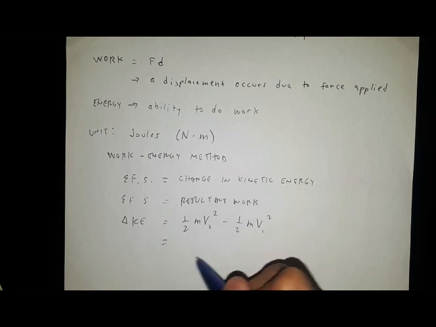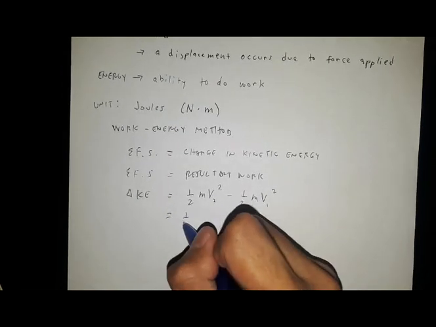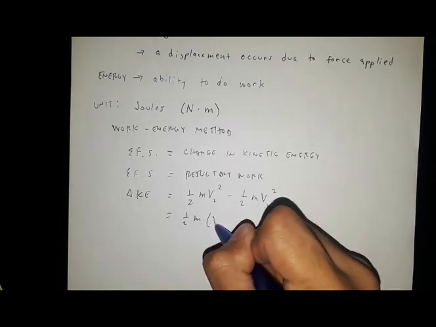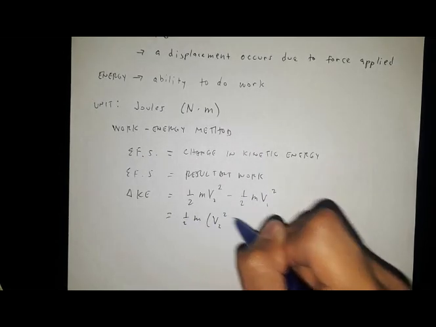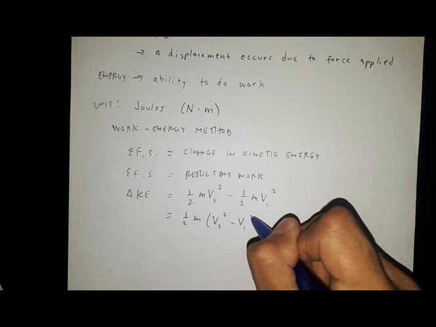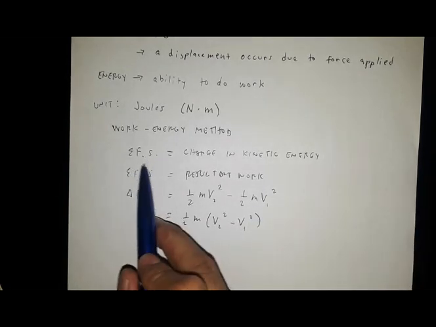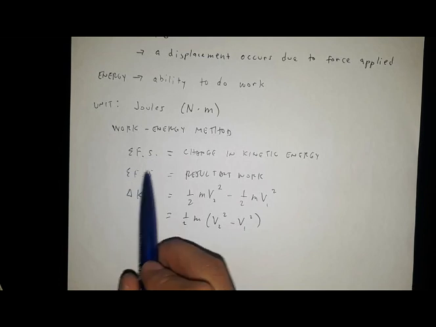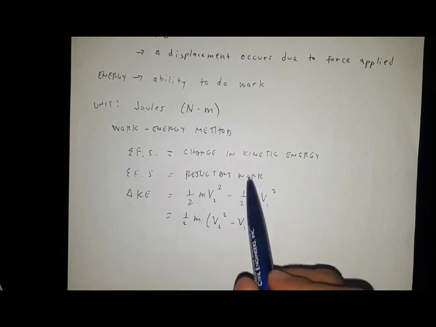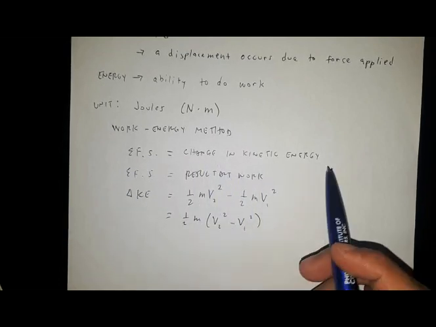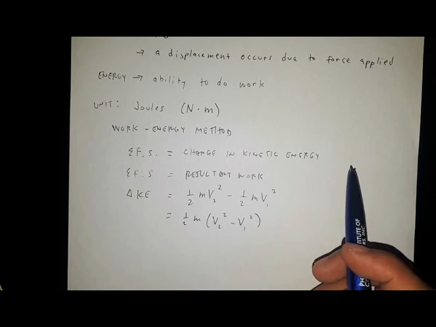Or it can be written as 1/2 m times the quantity of v2 squared minus v1 squared. Again, this is summation of force times the displacement, or the resultant work, equals change in kinetic energy.